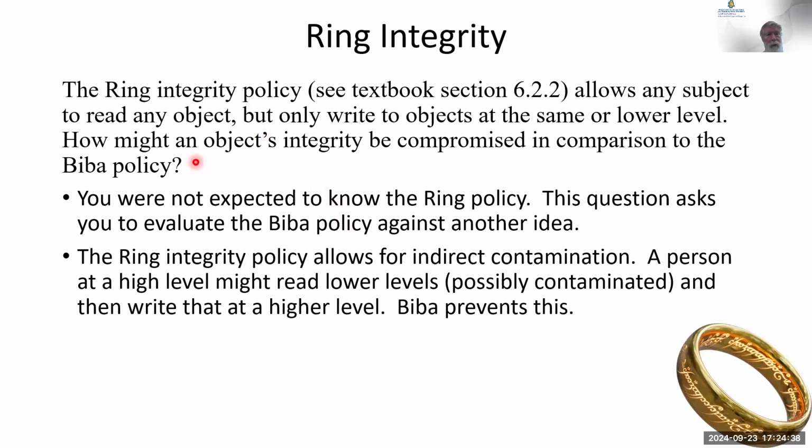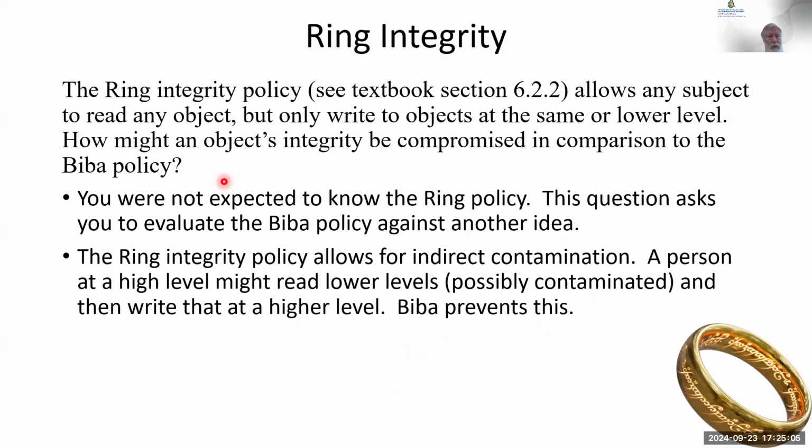All right, the ring integrity model is in the textbook, and I did not expect you for a minute to have read that. Nobody reads the textbook, I know. But the whole concept was to compare that against the policy that you should have known and see what difference it makes, which, by the way, was a question at the end of the chapter.